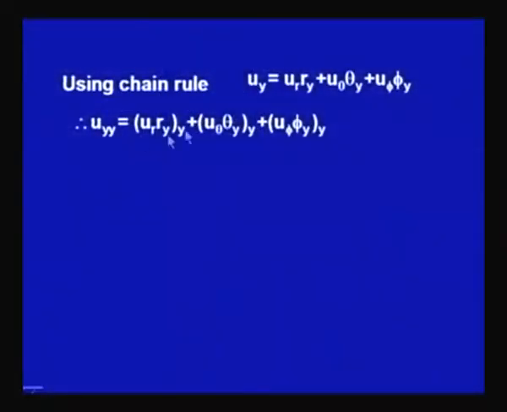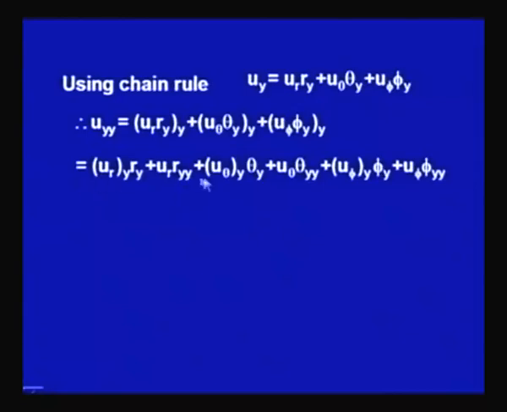Similarly, we can get, using the chain rule, u y as u r r y, u theta theta y, u phi phi y, and then the second derivative again, similarly, that is first using the sum rule, then using the multiplication rule, u r y r y, u r r y y and so on. We could get it in the similar manner.